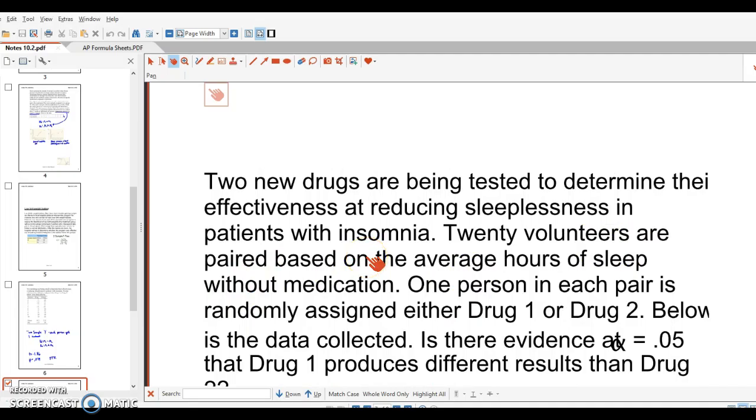What I want you to do is pause the video for a minute, take a look at the two scenarios, figure out what the main difference is between them, which one would be matched pairs, which one would be two sample, and write down real quick what the differences in how you would carry them out would look like in your state, plan, do, or conclude steps.